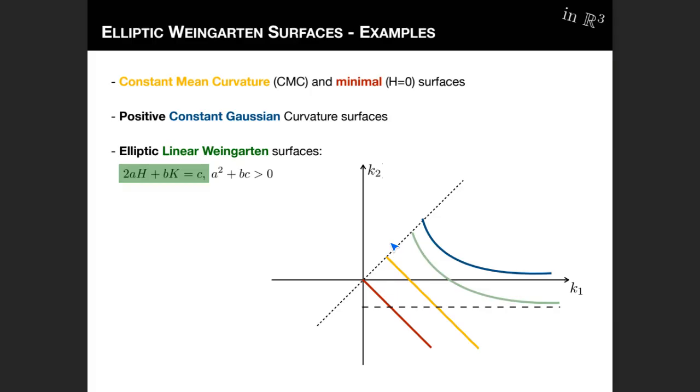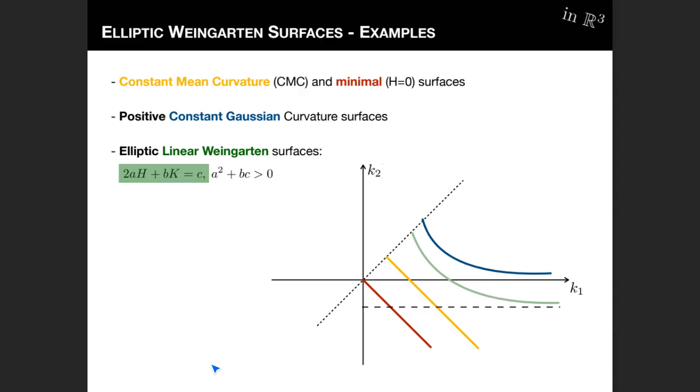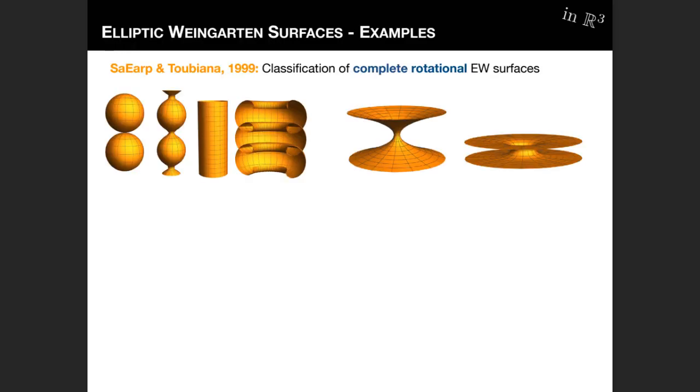In this case, the curvature diagram is a curve asymptotic to a horizontal line. And well, these are, let's say, the most well-known and studied examples of elliptic Weingarten surfaces, but there are also general examples and results regarding these families.